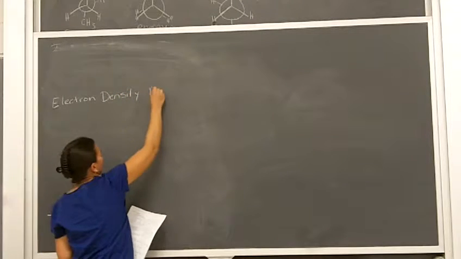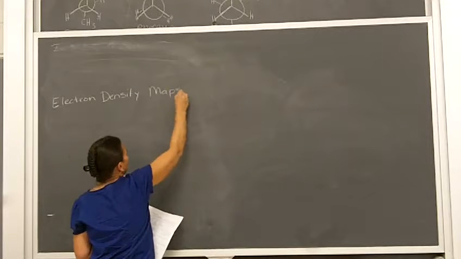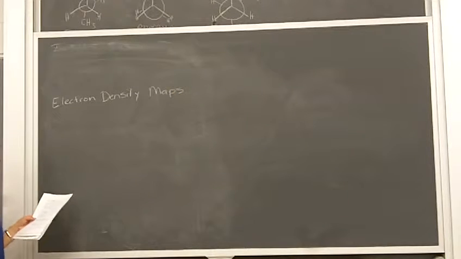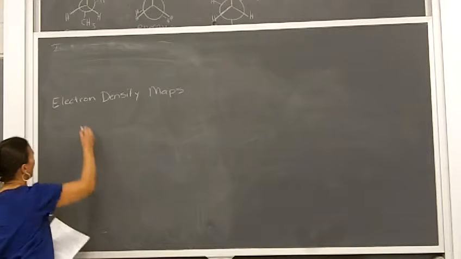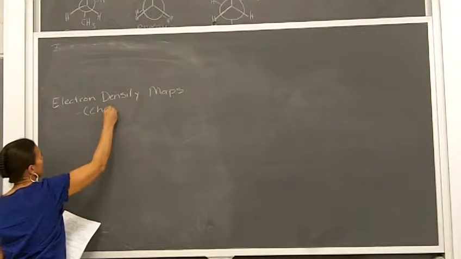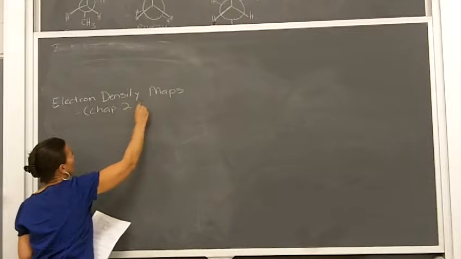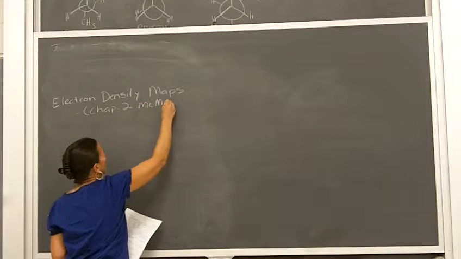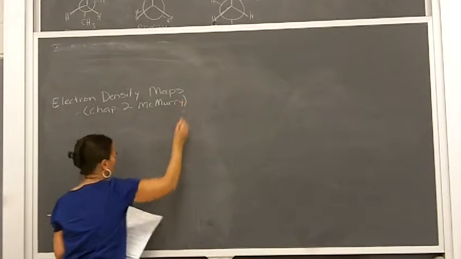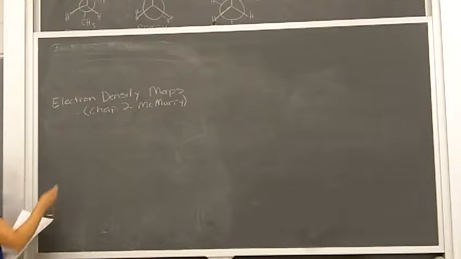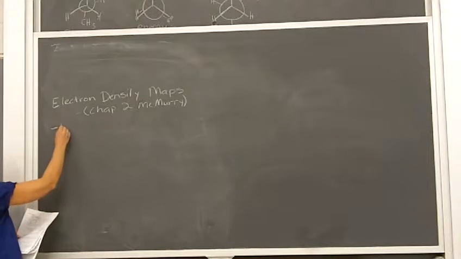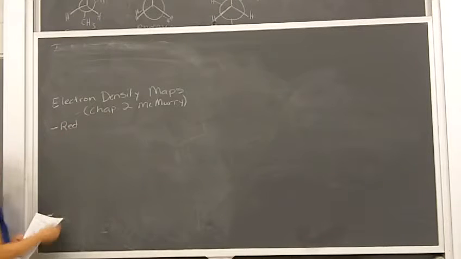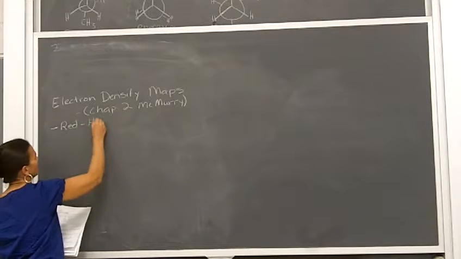We're going to take a look at different electron density maps. This is in chapter 2 of McMurry. Just a reminder, if you have a red section of one of these maps, what does that represent? High electron density, right?